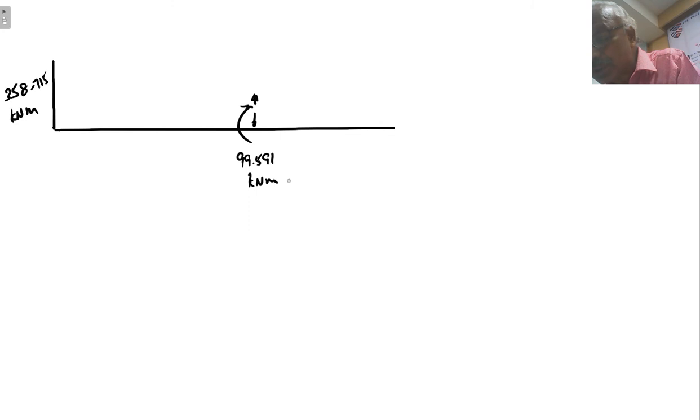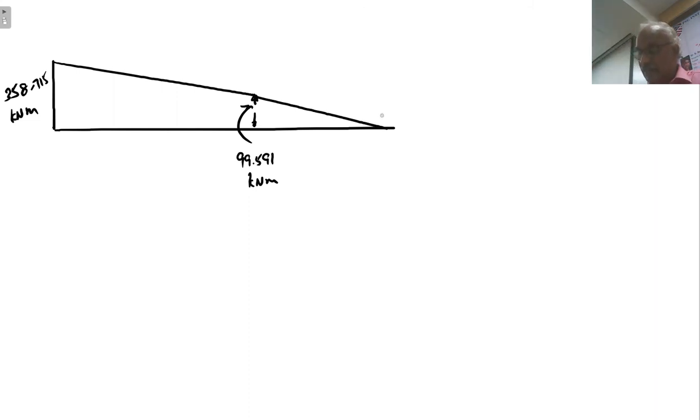Therefore join these two. This is the support moment diagram for AB. The support moment diagram for BC at C is 0. So therefore the support moment diagram for BC will be like this.